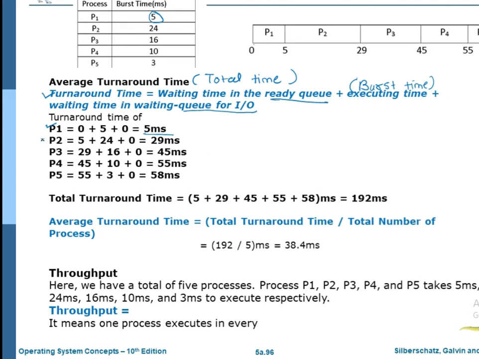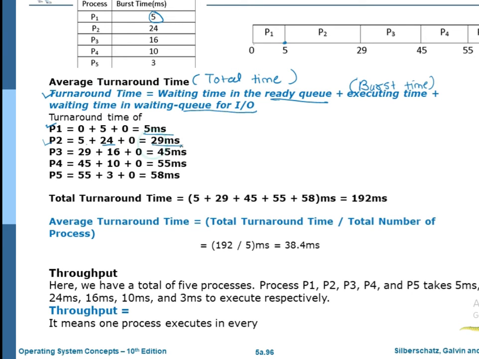Then we will calculate for P2. Here first we will write the waiting time of P2. Waiting time is 5. It arrived at time 0 and it started at time 5. So waiting time is 5 plus burst time 24 plus 0 waiting time for IO.